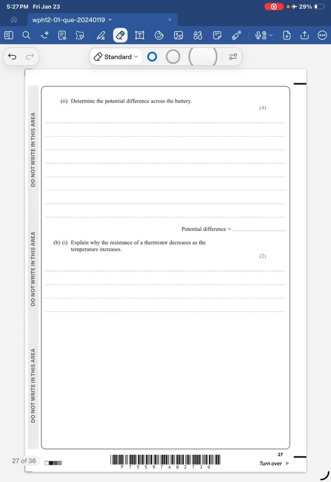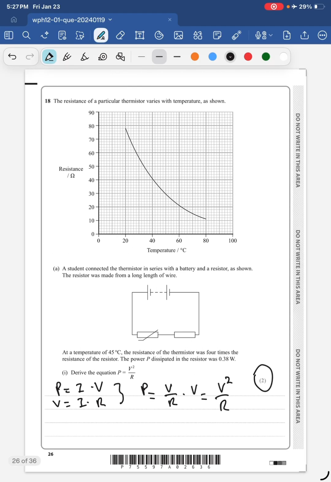So, part 2, determine the potential difference across the battery. Okay, so first of all, let's go to the graph and find it. So at 45 degrees, so this is 50, so 42, 44, 46.